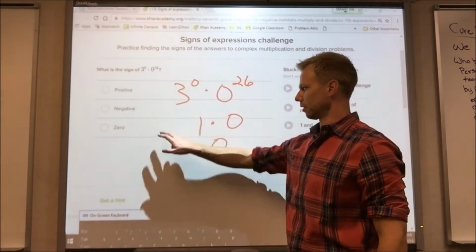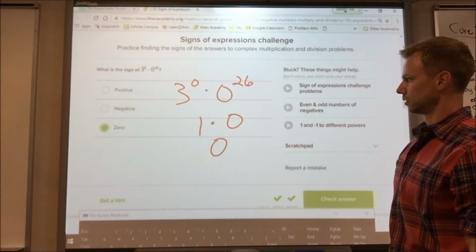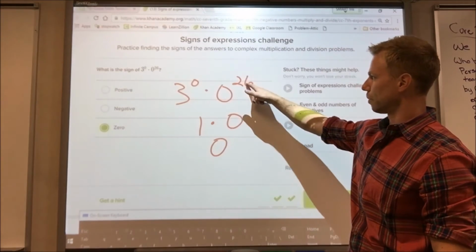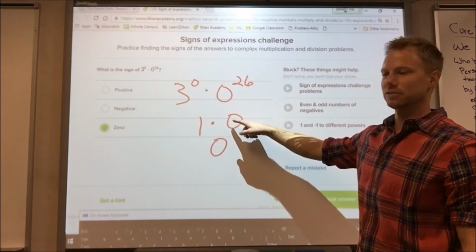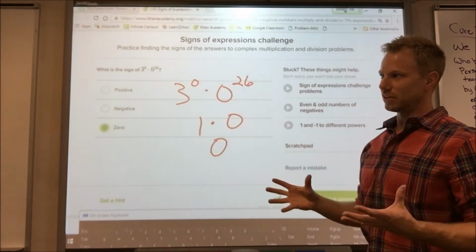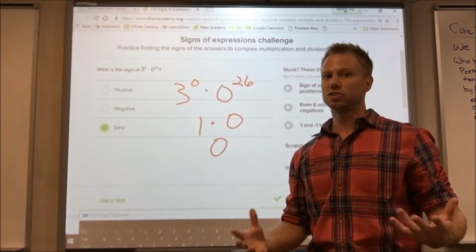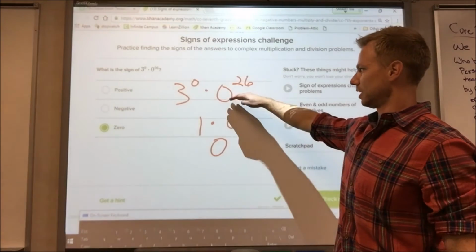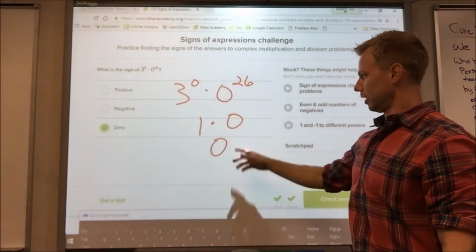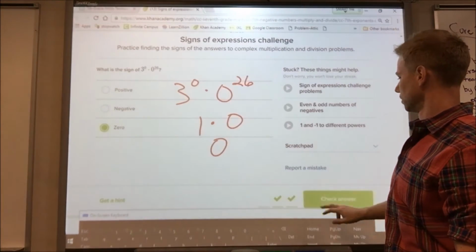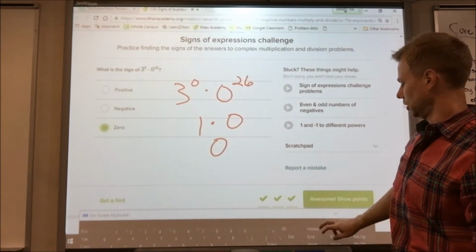So my answer is just 0. Okay? 0 to the power of anything, even 0 to the power of 1,000,000, is still going to be 0. If you have nothing times nothing, you still have nothing. And anything to the power of 0 is always going to be 1, but we already have a 0. So when I multiply, it just equals 0.